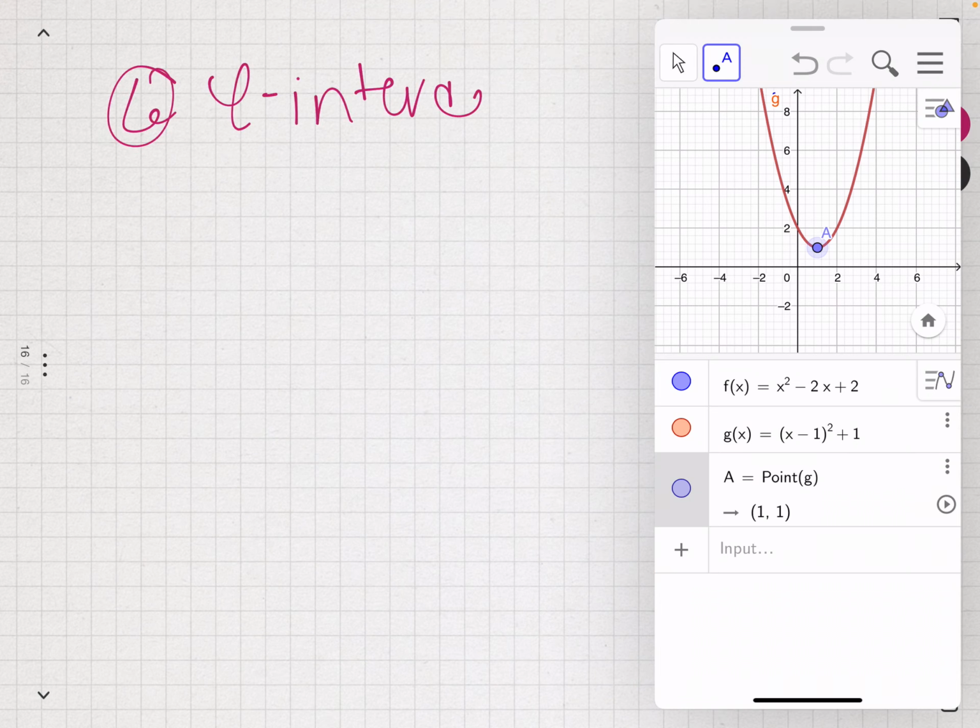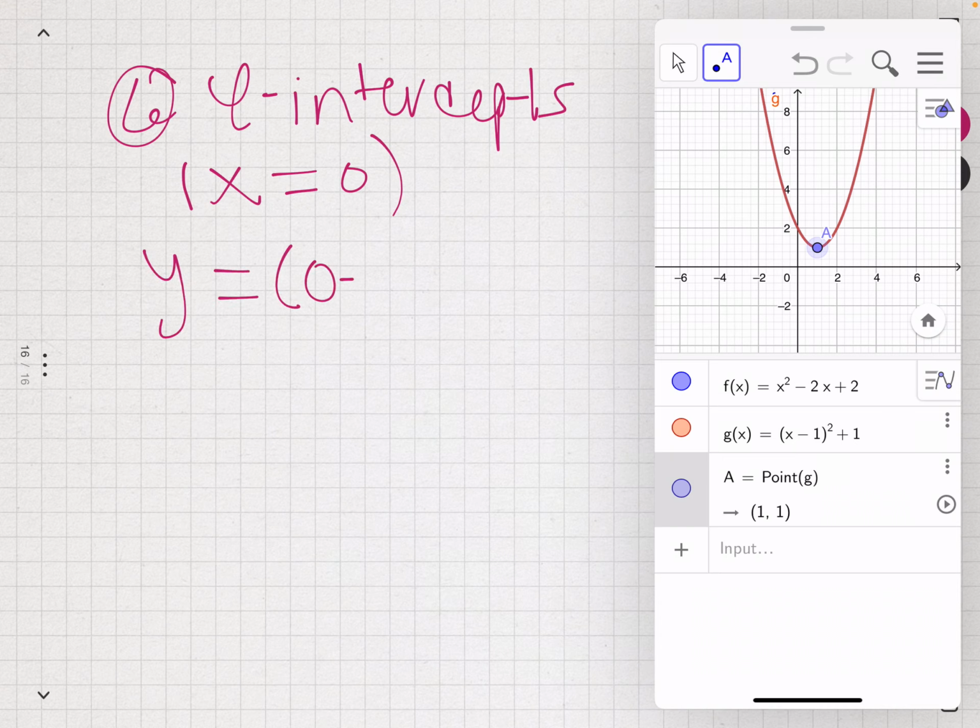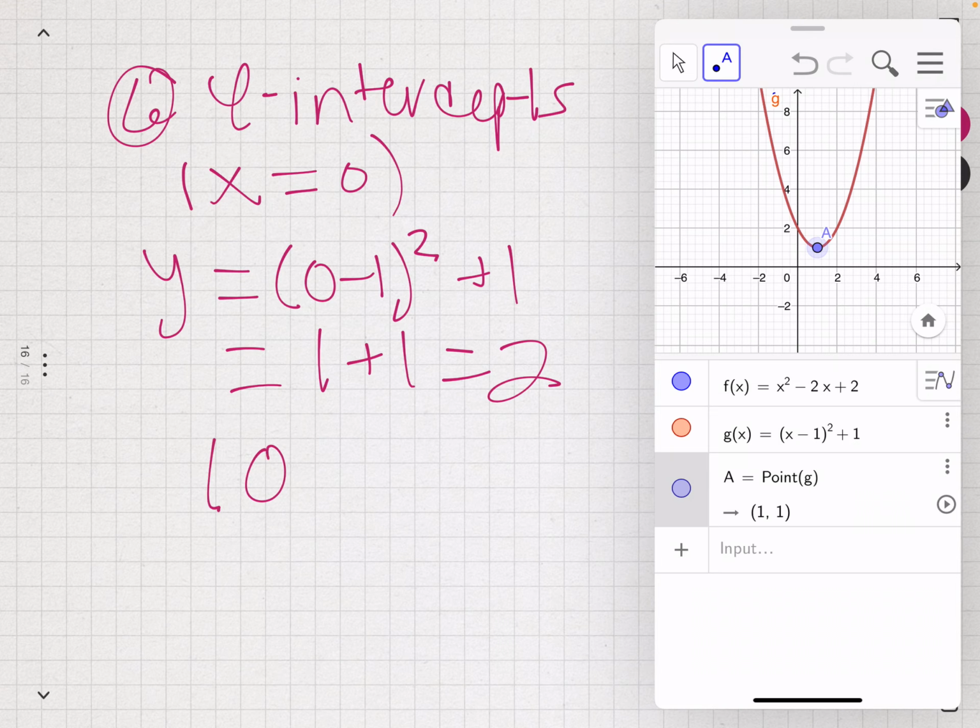Y-intercepts. So that's where x equals 0. So we have y equals 0 minus 1 squared plus 1. Negative 1 squared is 1, plus 1 is 2. And so that means we should have a point 0, 2 on our graph. If I drag this point over to x equals 0.